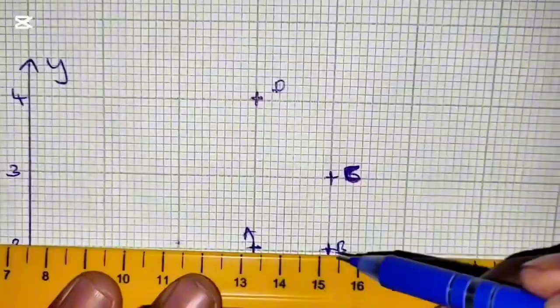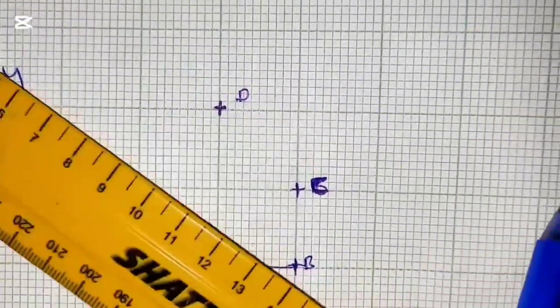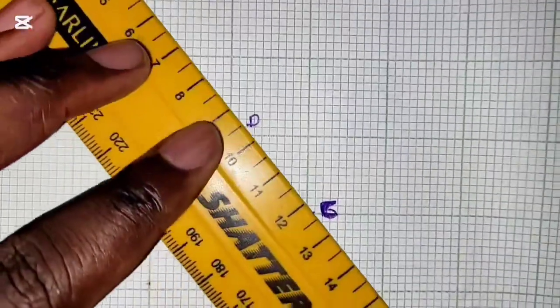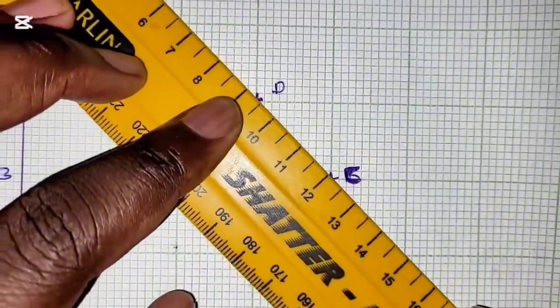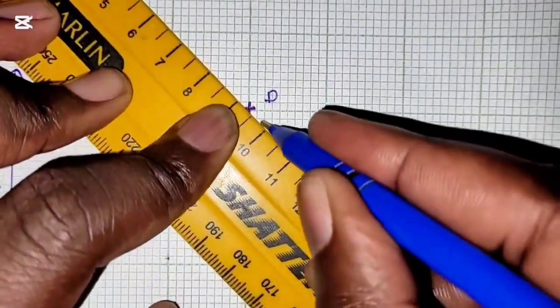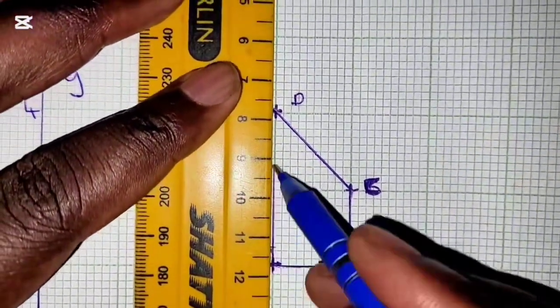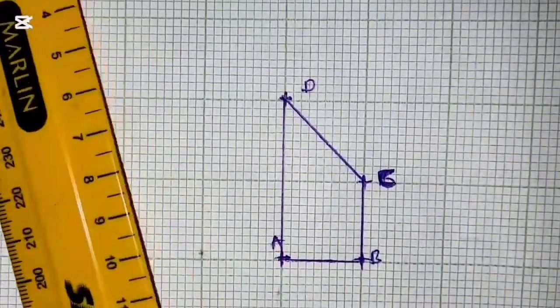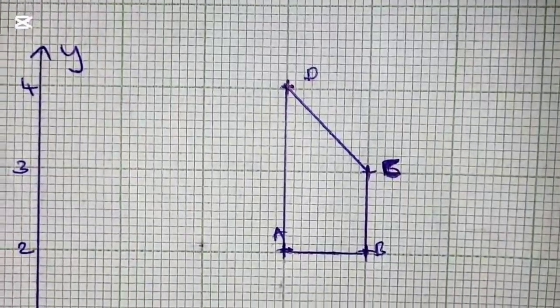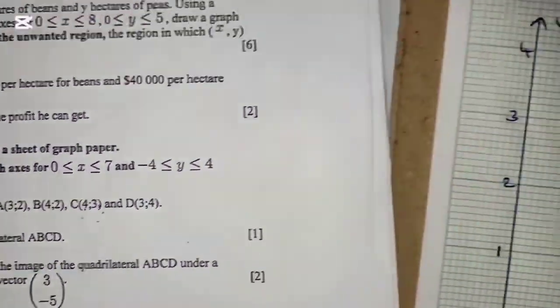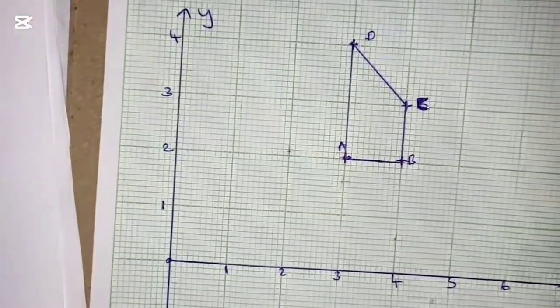Okay, that's A, then B. So I'm using a pen so that it will be visible on our video, but we should always use what? Pencils. Are we together? Should use pencils. Okay, so that's shape A, B, C, D. Right. We've drawn it clearly.